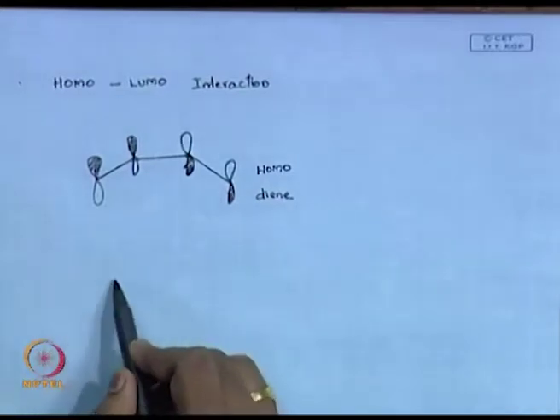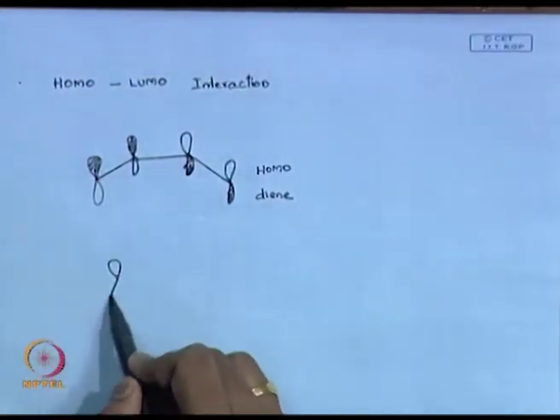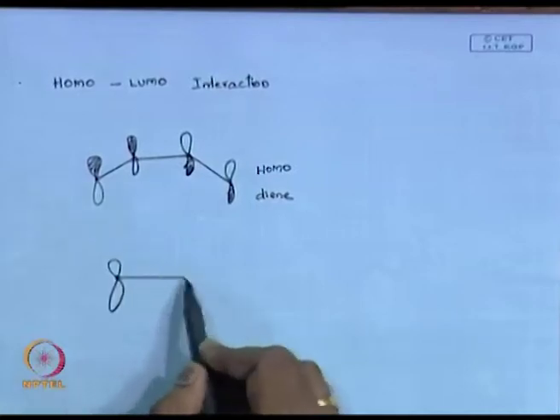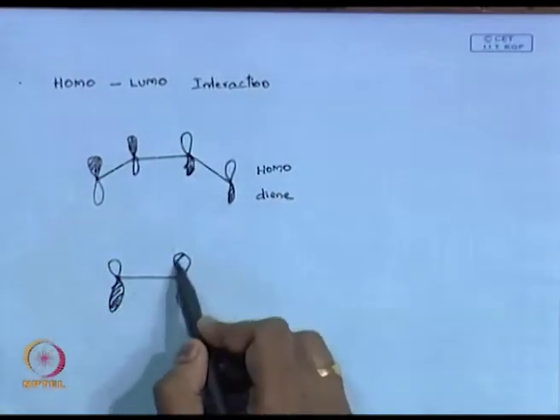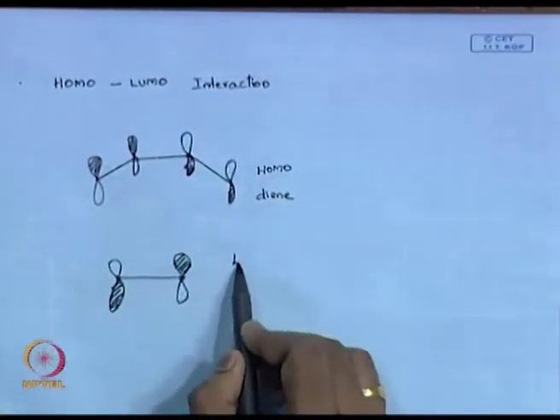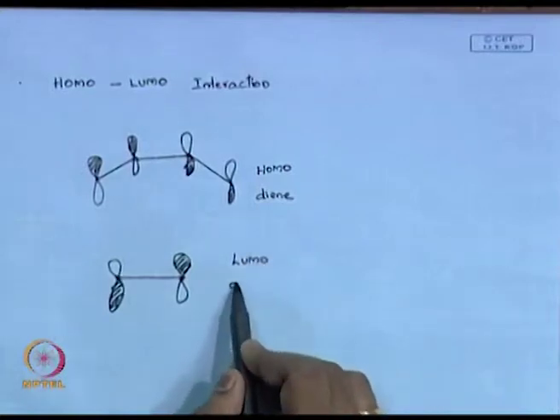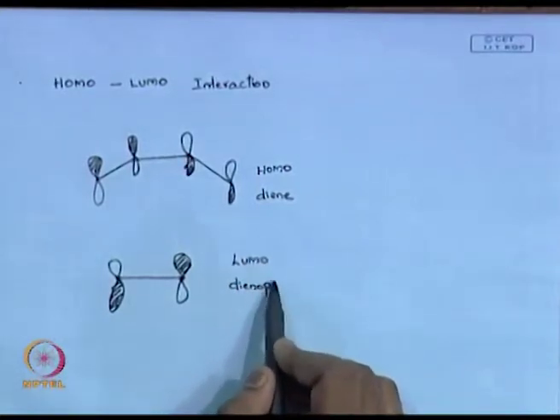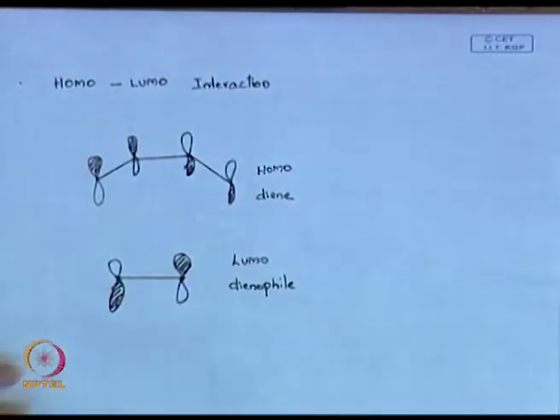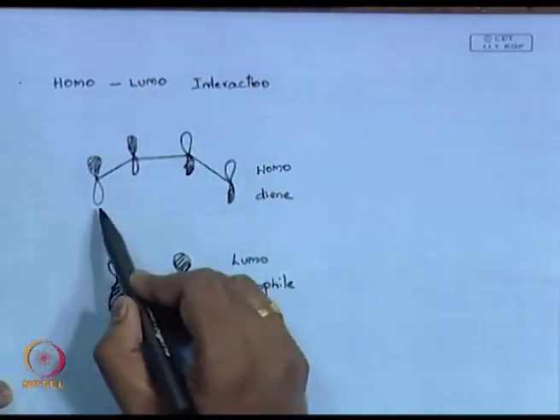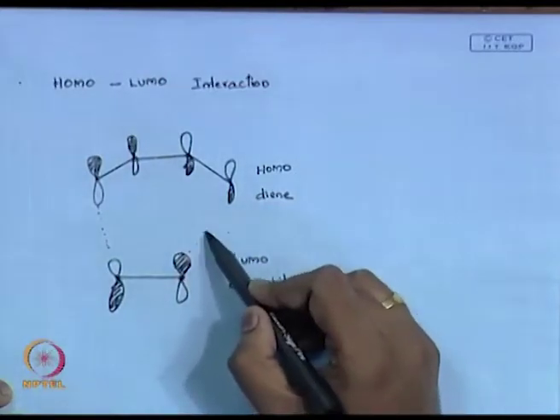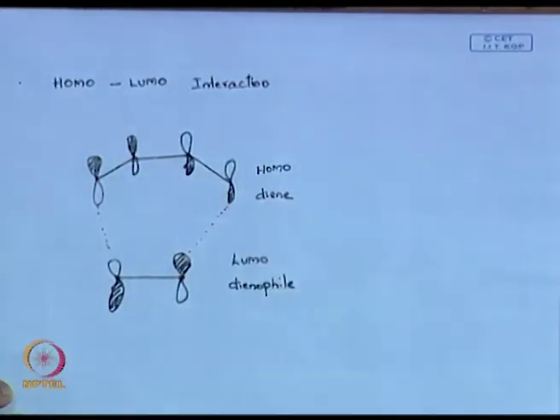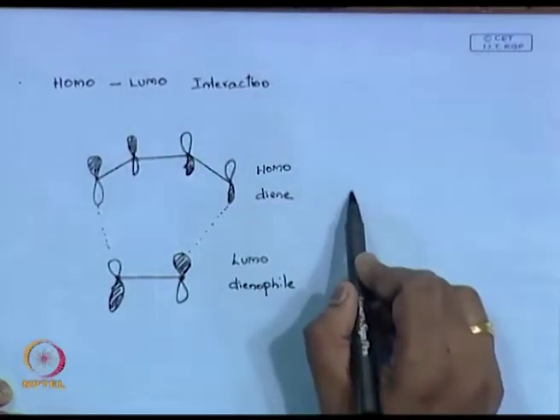Then we can consider the LUMO of your dienophile. So, we have seen the HOMO of your diene and the LUMO of your dienophile. Now, they try to interact and you can see that orbitally it is nicely favored. So, this is on thermal activation.